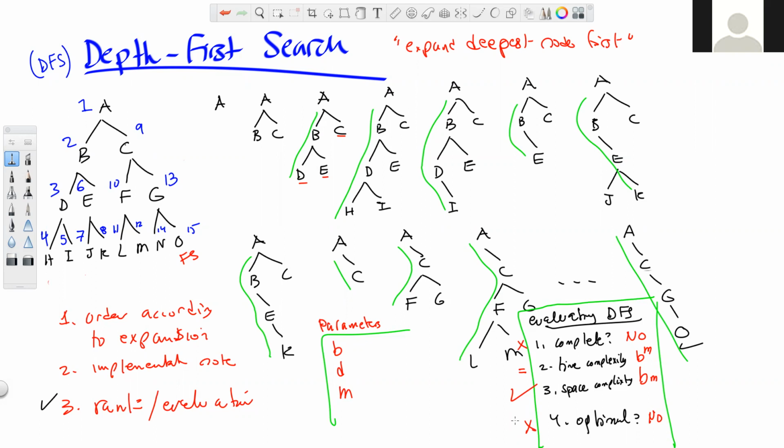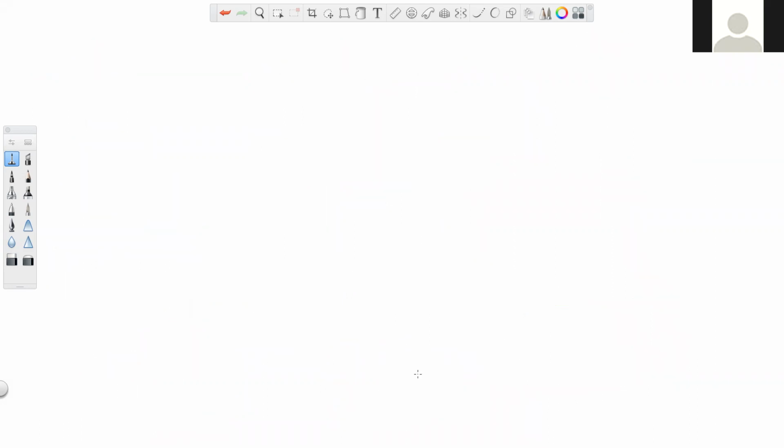And this algorithm is called limited depth search. Give me a second here, guys, or depth limited search, what we just did.